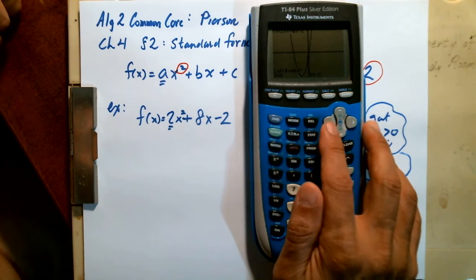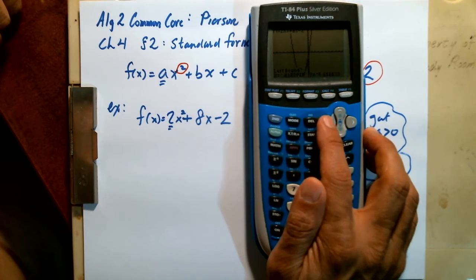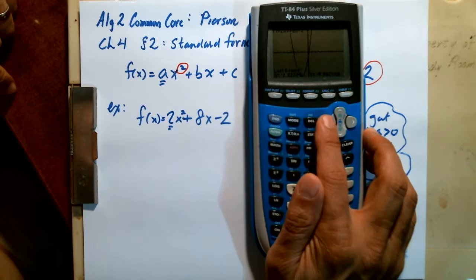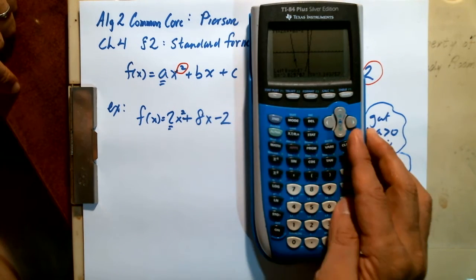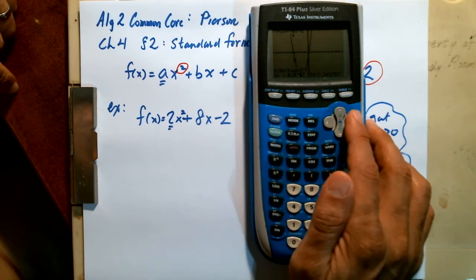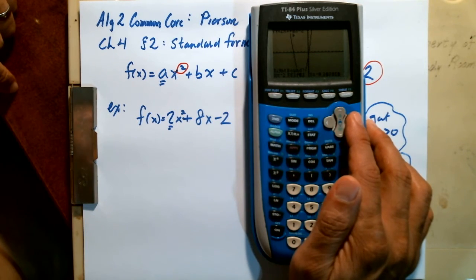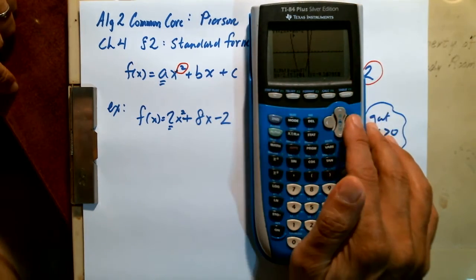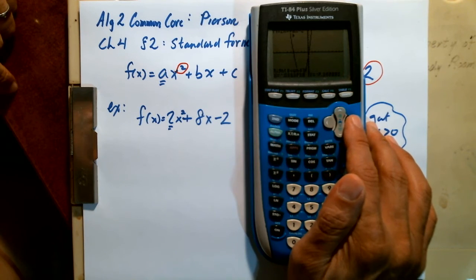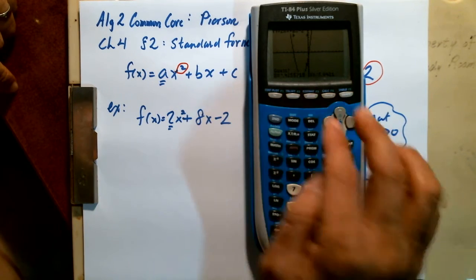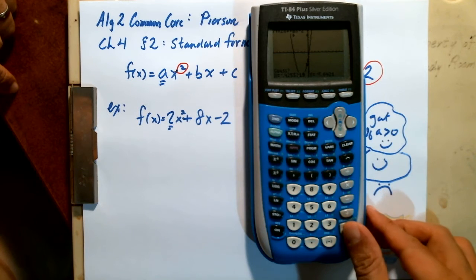That's what you call it, minimum. You go to the left of the vertex first, and then to the right of the vertex. Okay? So it's going to try to calculate the minimum point between those 2 intervals.